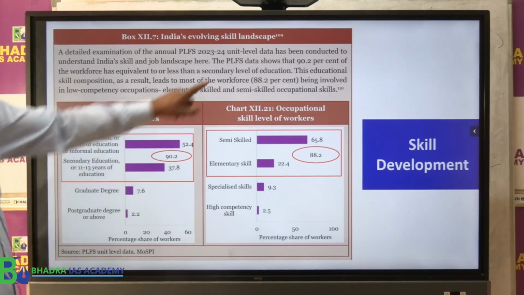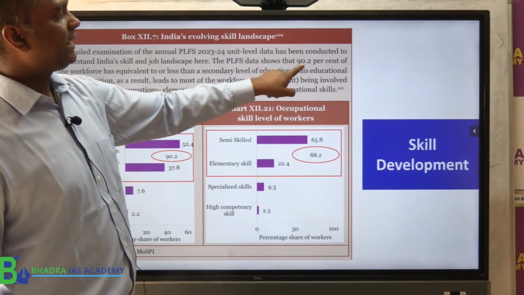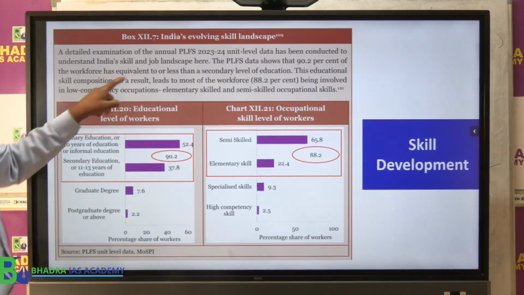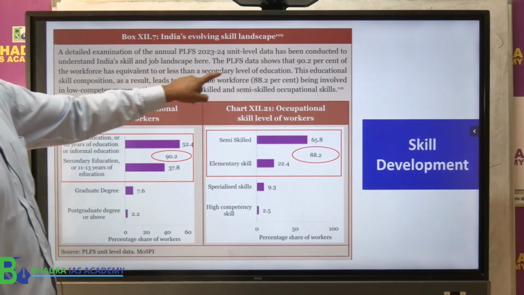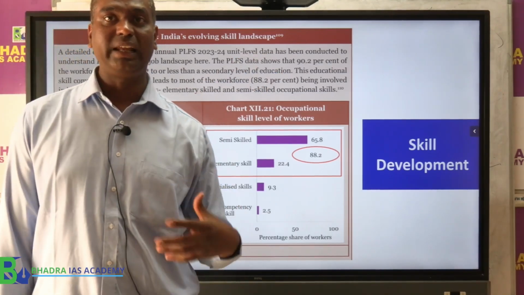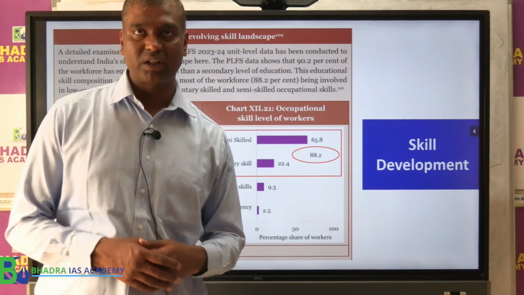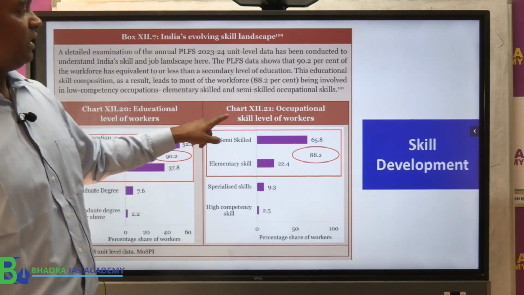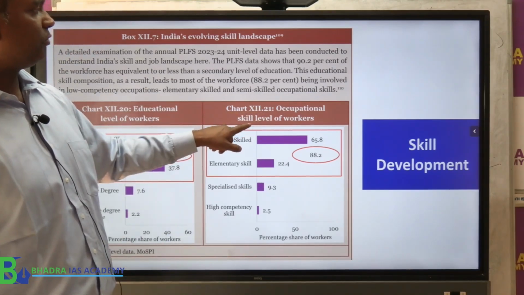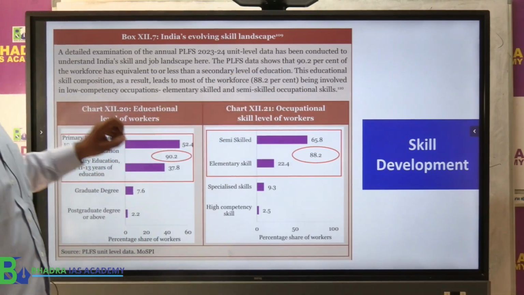For example, if you read here, the periodic labor force survey shows that 90% of the workforce has a secondary level of education or less. That means they are not even properly educated, so they are basically unskilled workers. Here, the occupational level of workers is 88.2%.